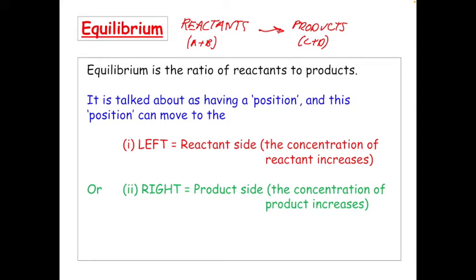So a reversible reaction would have this arrow here. That double-headed arrow means it's a reversible reaction.